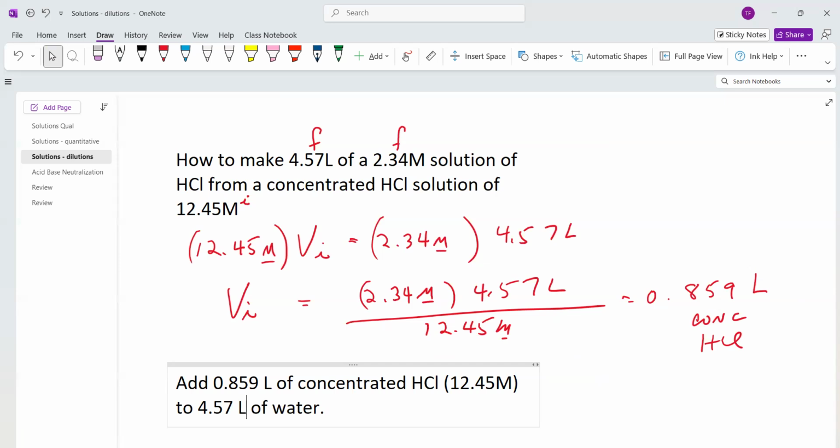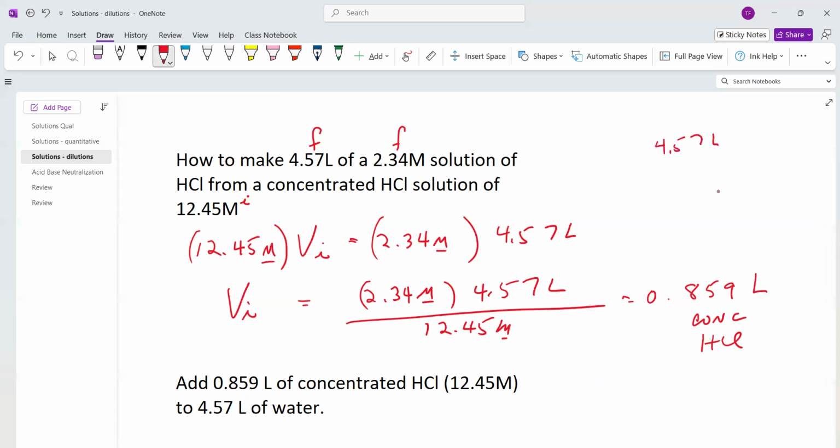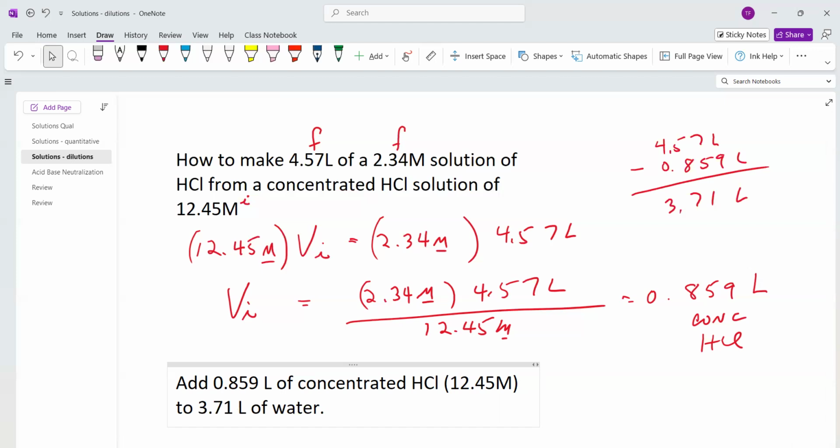So what we're going to do then is subtract. Now we have a total of 4.57 liters, total solution.